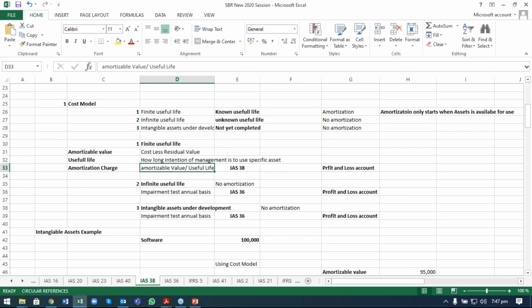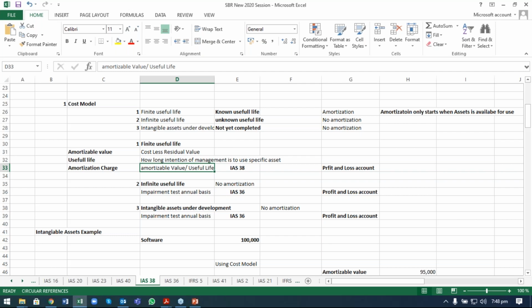It could become obsolete in the near future. So depreciation or amortization does not include only the fair usage of that asset, it includes many other aspects.